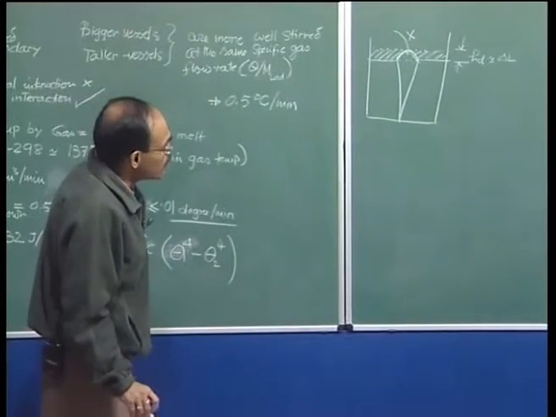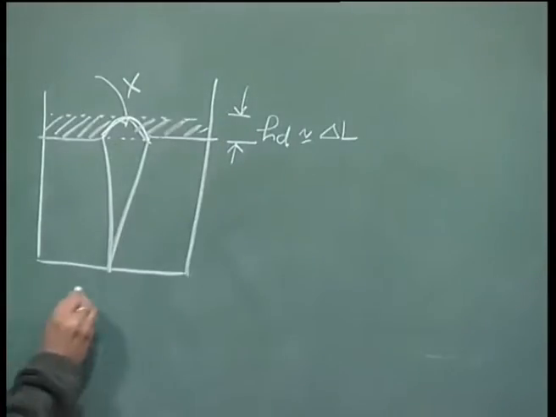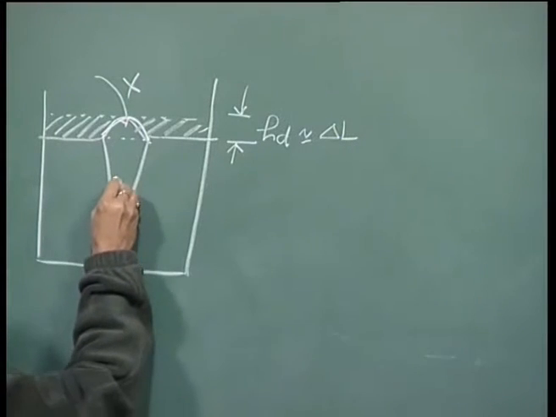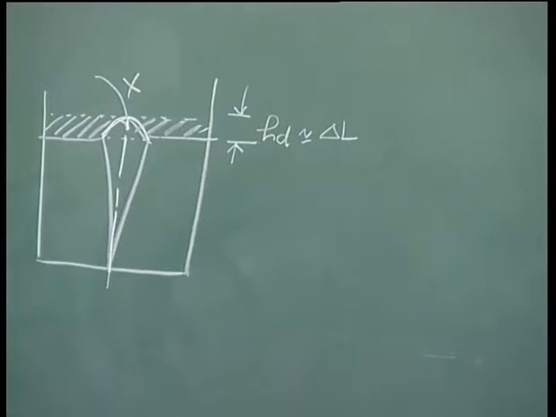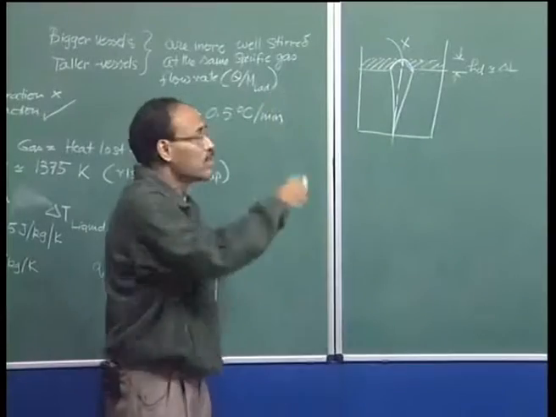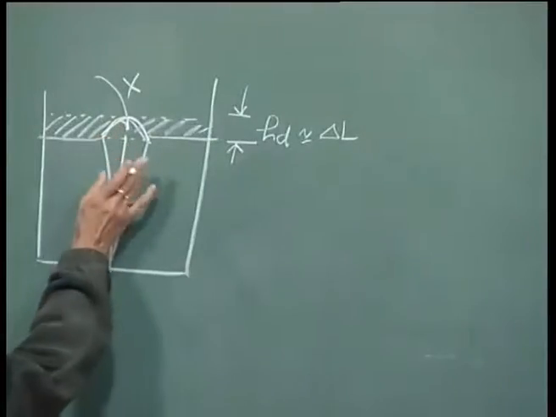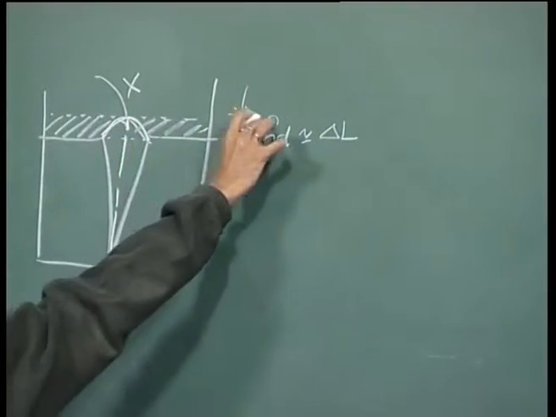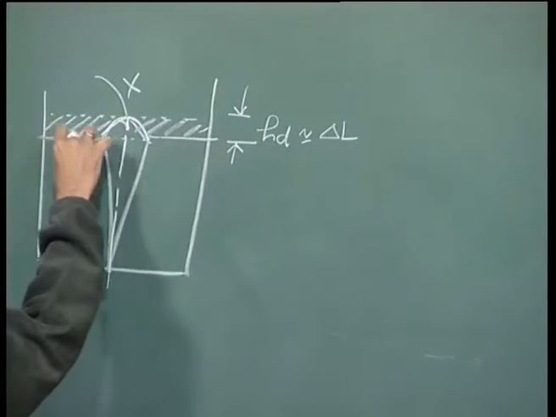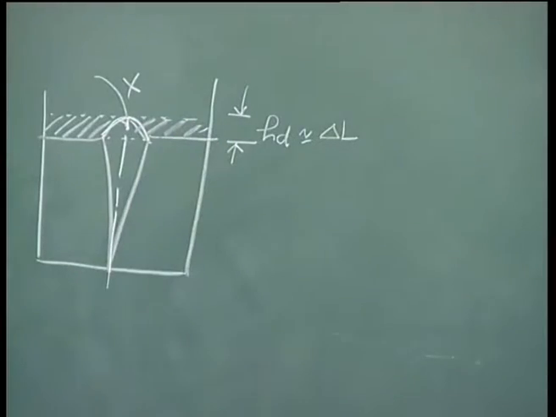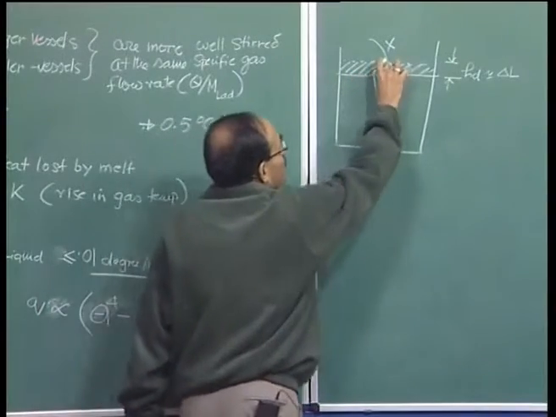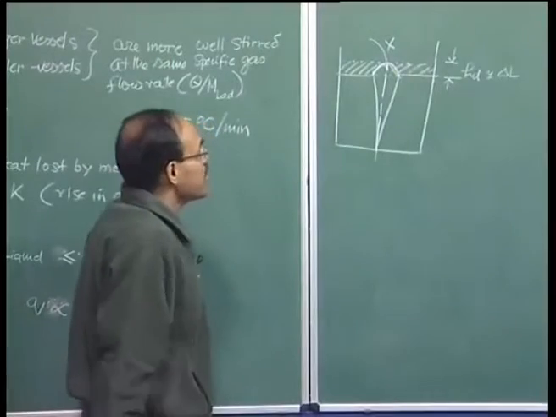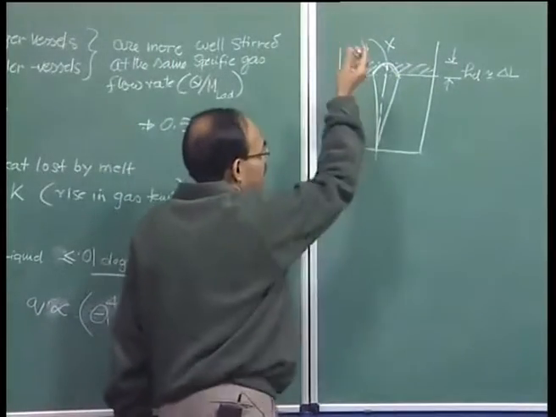So, under that condition, we can also write that, well, this is the axis, and at this axis what happens? The potential energy, because of the raising, if there is no gas injection, this surface which is raised up by H sub d will immediately fall down, and the entire bath depth will come. So, the potential energy or lifting of this surface by H sub d is exactly equal to the kinetic energy of the plume.